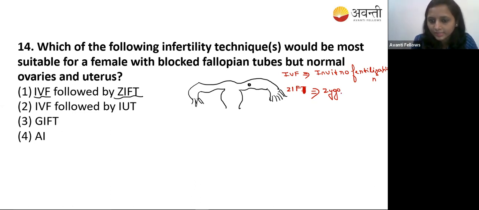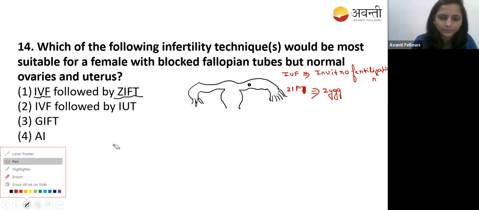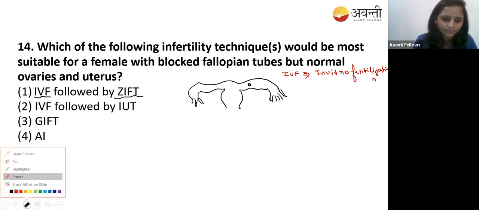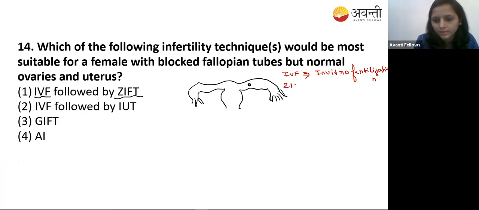ZIFT is nothing but zygote intrafallopian tube transfer.